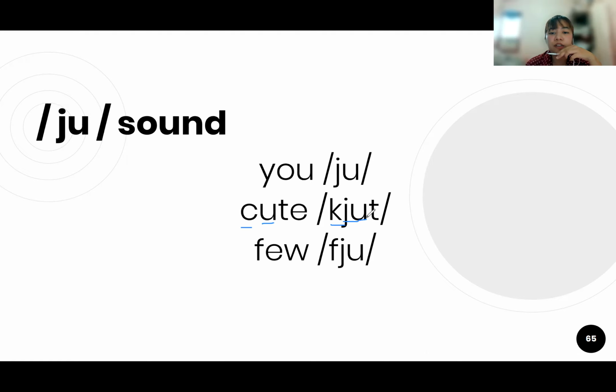That's why we use this. And your T here, again, we don't sound out the E. Cute. We also have your few. So few, you only have your two sounds, F and U. So that is how you would transcribe it as well. F and your diphthong U na sound.